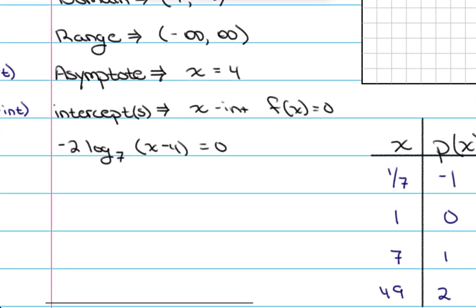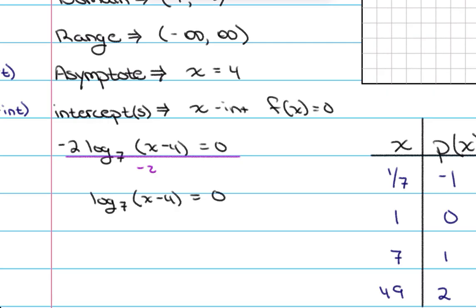I will divide everything by -2, and I end up with log base 7 of x minus 4 equals 0 divided by -2, which is 0. I have my logarithmic function by itself, so then I can change to exponential form. So I will have 7 to the 0 power equals x minus 4.